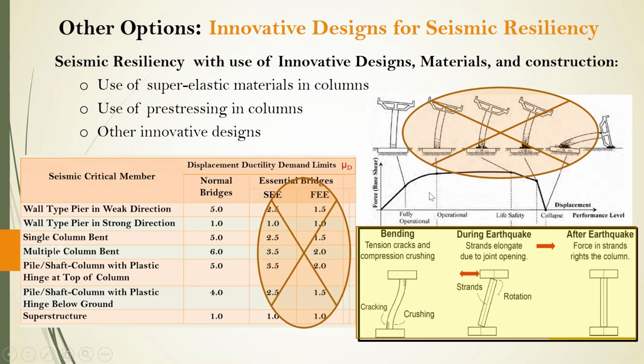So designing for seismic is possible, but is sometimes not practical and very costly. So we are looking at other options, which the next few slides I'm going to talk about, while meeting the seismic demand rather than having the conventional plastic hinging on top and bottom of the column.